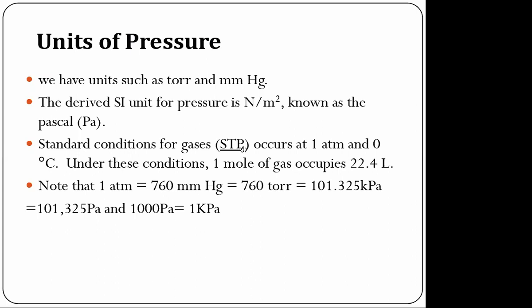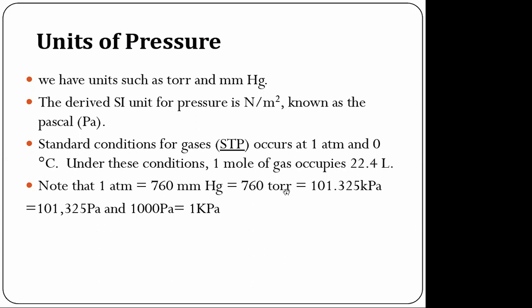At standard condition, STP, standard temperature and pressure, 1 atmosphere at 0 degrees Celsius, which is 273.15 Kelvin, would be equal to 760 millimeters of mercury.